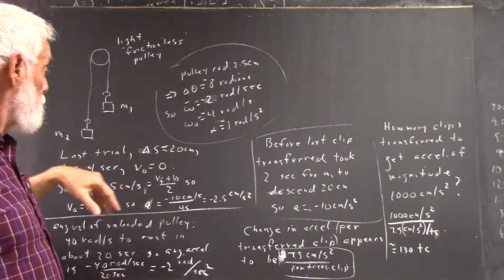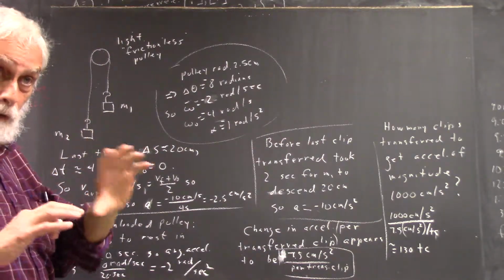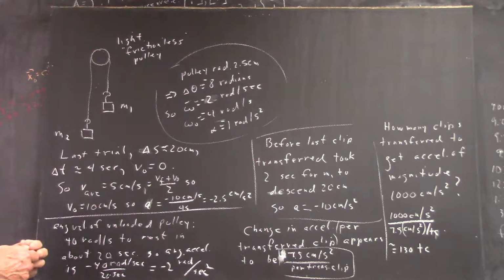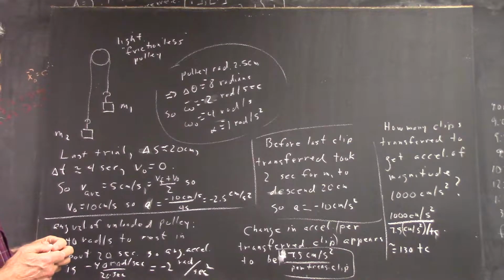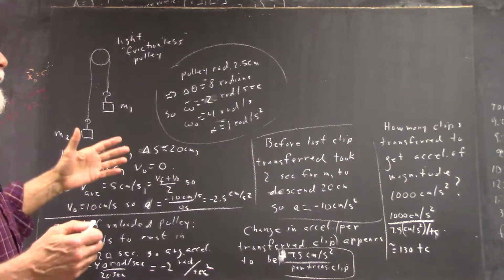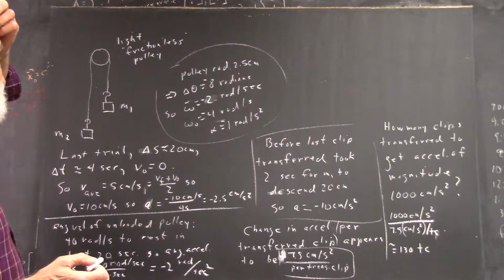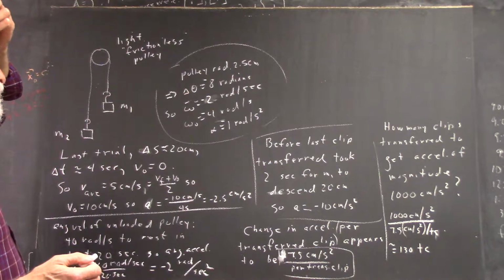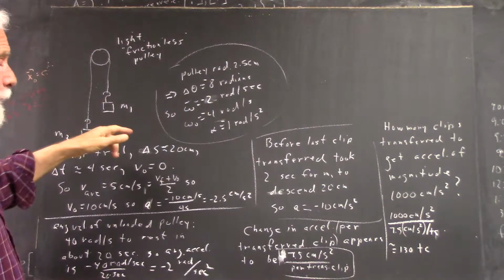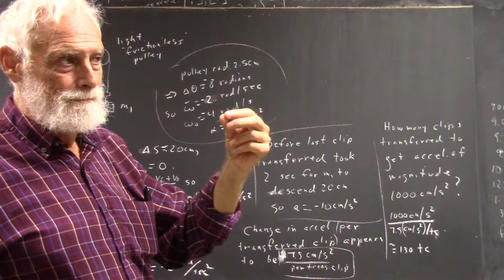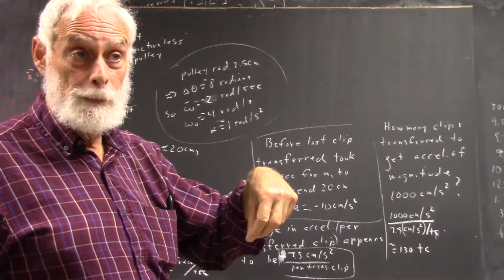Now, we'll make this real specific, but I want you to get the general feel of the idea. Anyhow, we've changed the net force in the system by the force of gravity on 2 clips.